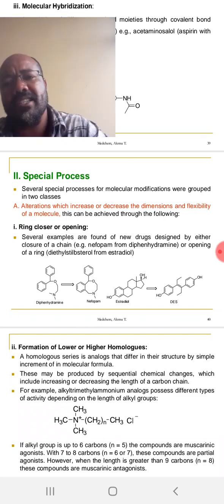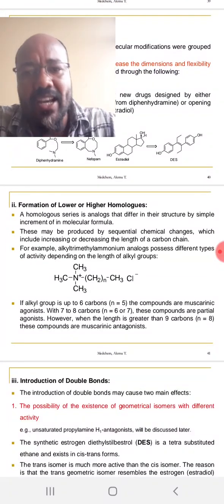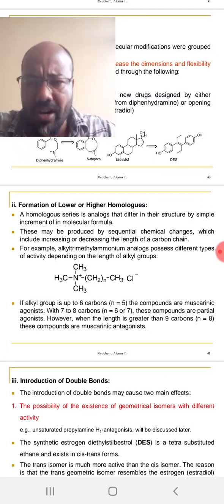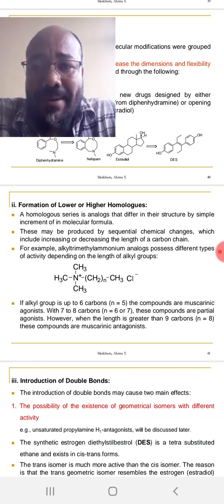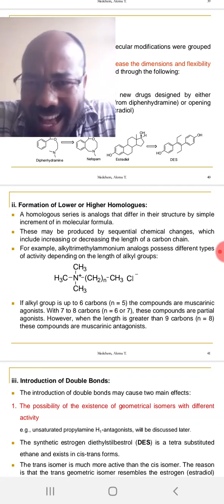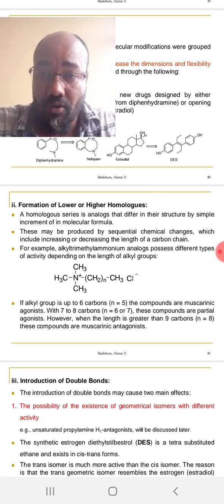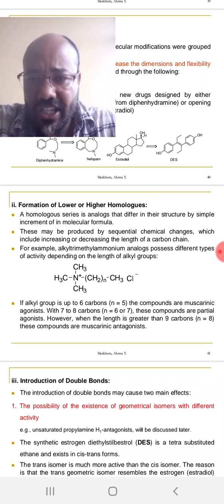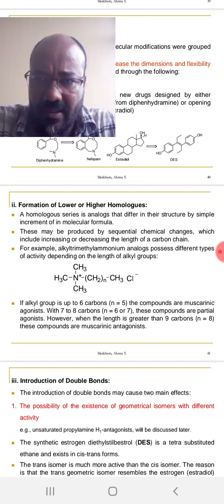The second one is formation of lower or higher homologous series. In another word, using homologues. Homologues are compounds, drugs, substances that differ from each other by consecutive CH2 groups in the same families.